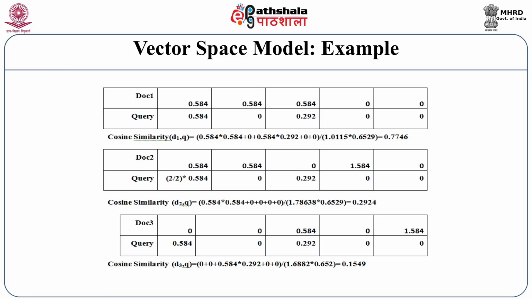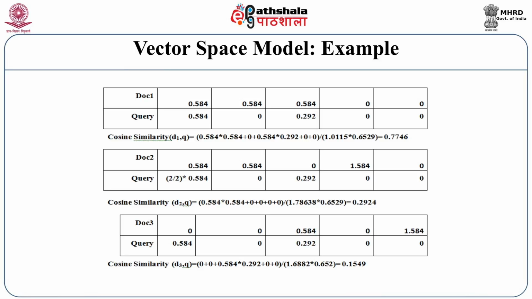For the third term also there is no match, and for the rest there is no match. So the cosine similarity value is the multiplication of the first terms of document D2 and the query, that is 0.584 into 0.584, divided by the length of document D2 and the query, that is 1.78638 into 0.6529, and it gives a cosine similarity value of 0.2924. The same is applicable for document D3.